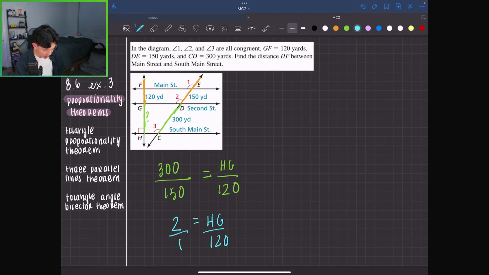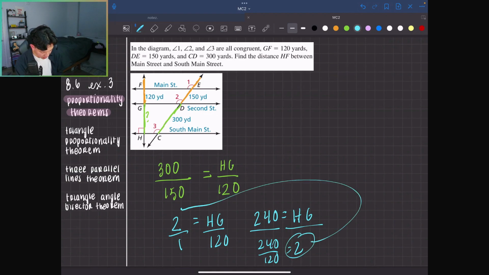Well, if we cross multiply here, we'll get 240 over 1 HG. And HG is just going to be 240 because 240 divided by 120 equals 2. Oh, 2, just like over here. So we know that this is proportional. So now we know that the length of segment HG is going to be 240.